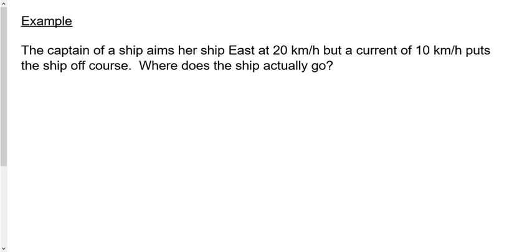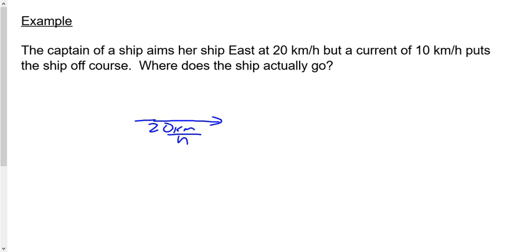Well, these first two vectors are contributing to where I go, right? So those are my vectors that I'm going to add together. We aim 20 kilometers per hour to the east. It doesn't say which way the current is. Does it say it on your sheet? No?